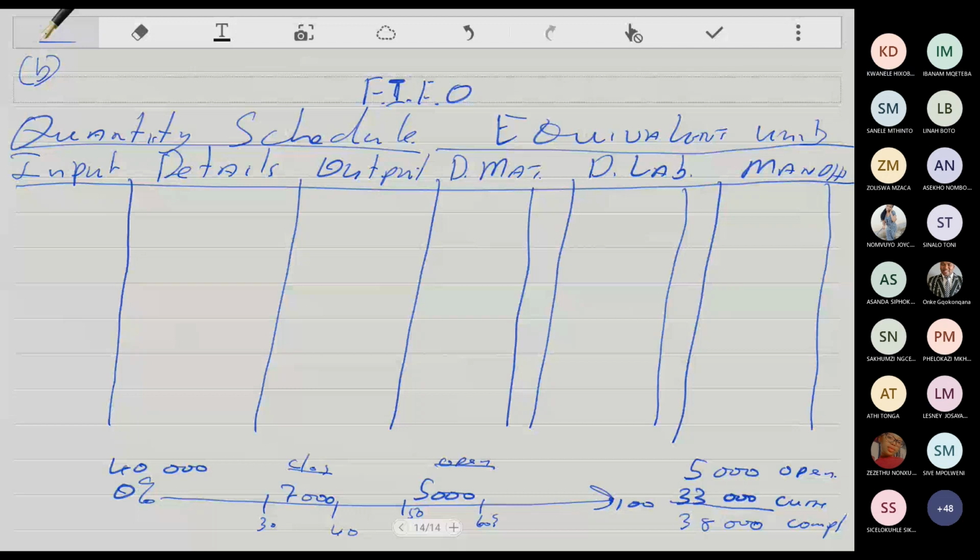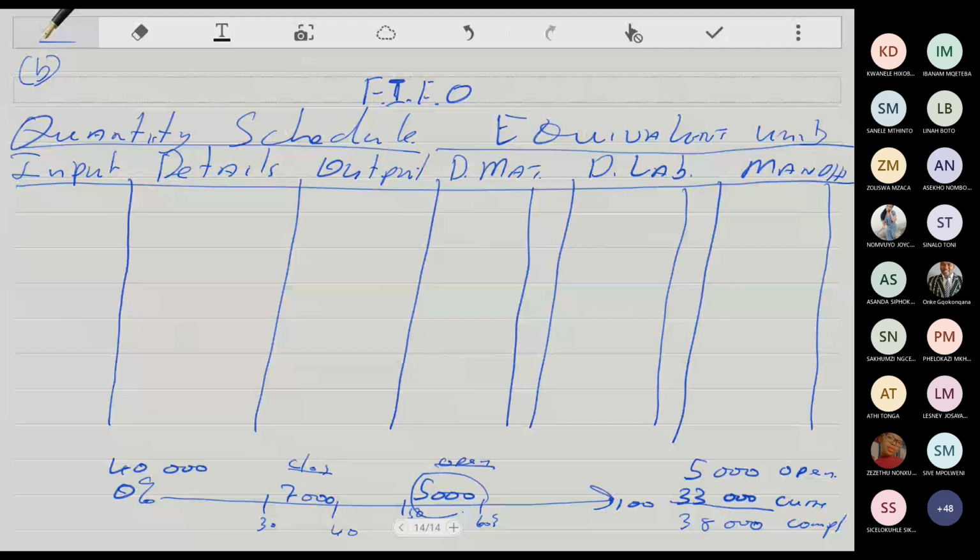Okay. So this is what we're doing, how we run our production. Remember we've got the opening units of 5,000, sitting between 50% and 60%. So it's the beginning of our production period. It simply means that the units we're going to start with, between 5,000 and 40,000, is 5,000, because 5,000 was our first in units.